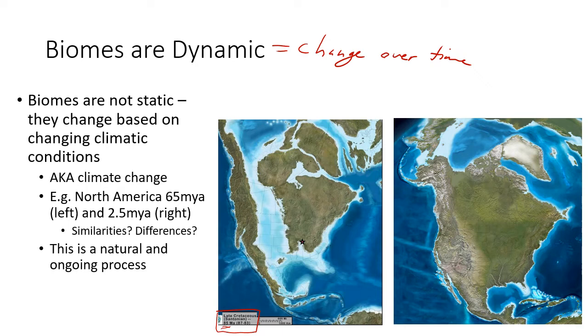If we contrast that to 2.5 million years ago, over here on the right, you notice that the biomes are slightly different than they are right now. If we are again right here in Denver, we have temperate grassland. That's right around Denver, but it's a little bit off. But whatever.